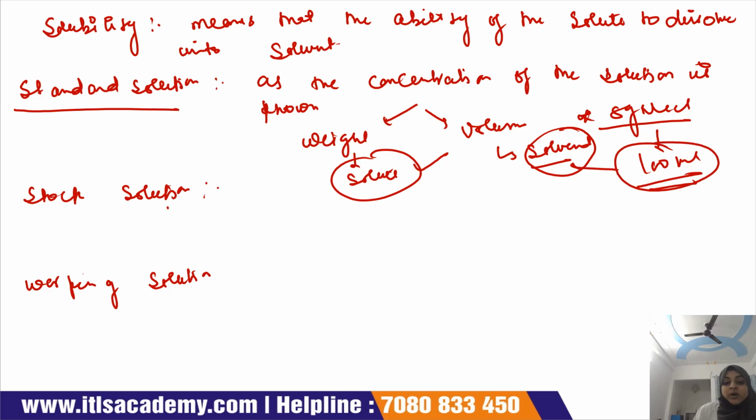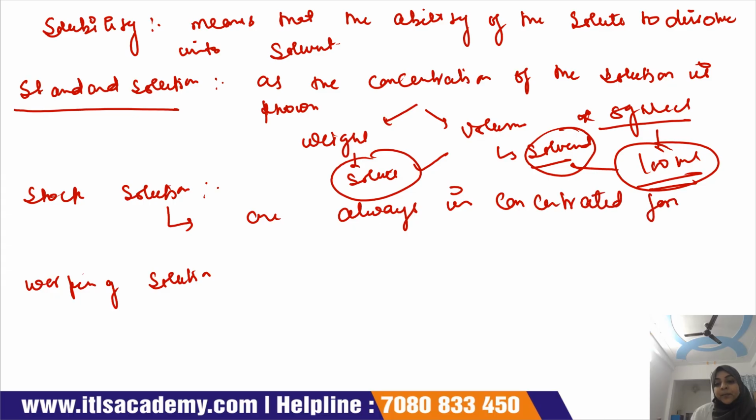The next is stock solution. Stock solutions are always in a concentrated form. It cannot be directly used. If we want to use that stock solution, first of all, we have to dilute it.